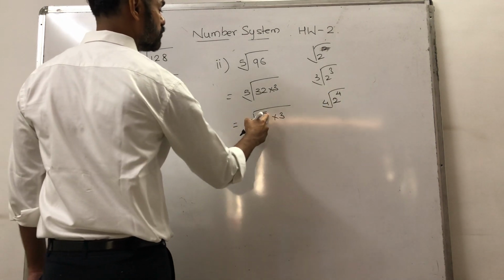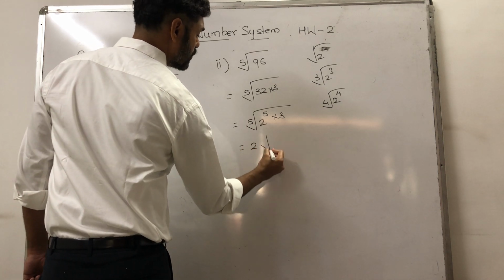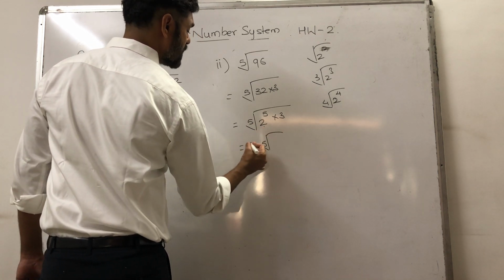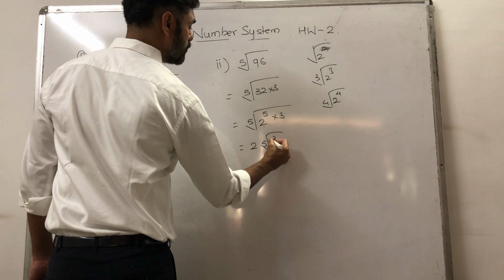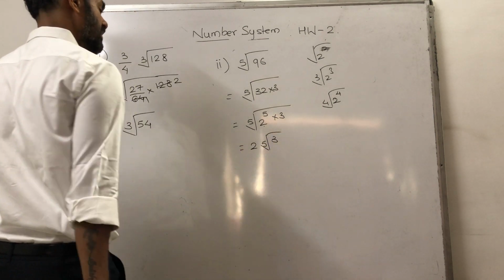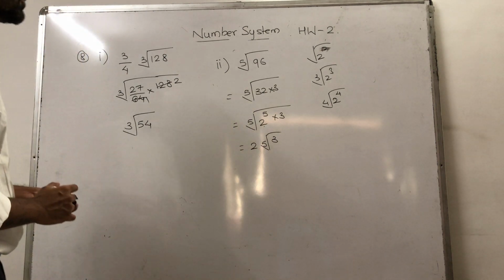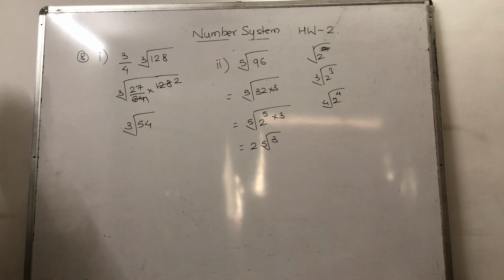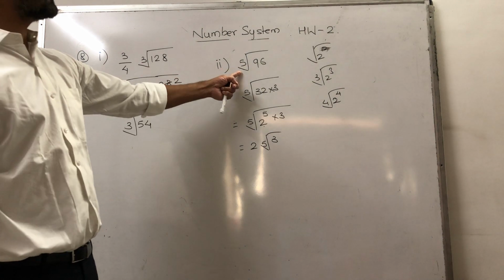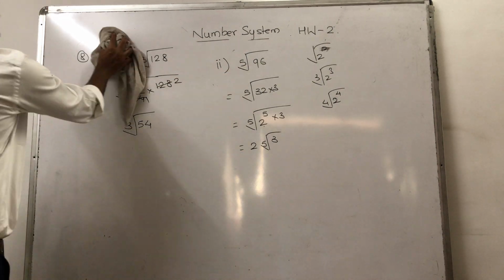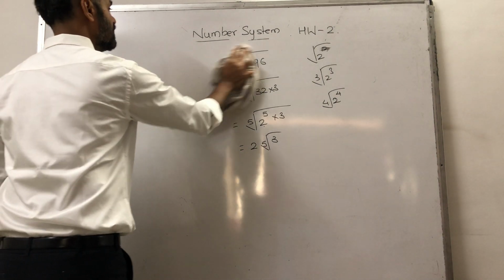Same way the fifth root of 2 raised to 5 would be 2. So 2 comes outside the fifth root. What do you have in the fifth root? You have 3 remaining. So now it has a rational factor as well as an irrational factor. So it is an example of a mixed surd. So we have converted a pure surd question into a mixed surd. That was question number 8.